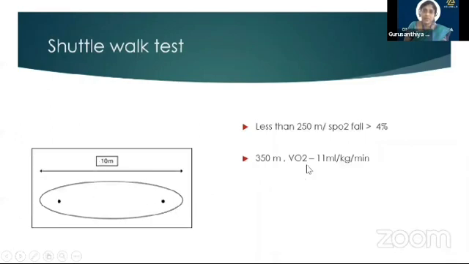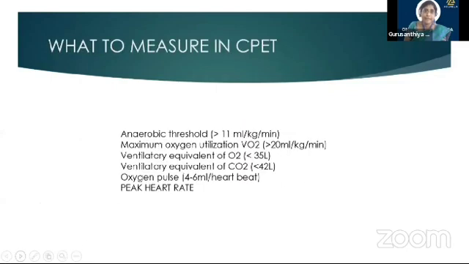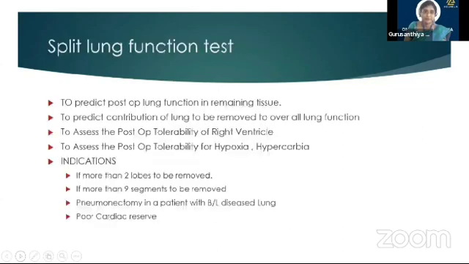If the patient walks somewhere close to 350 meters, then the patient has a VO2 max of around 11 ml per kg per minute. Cardiopulmonary exercise testing is another cardiopulmonary interaction test in which we measure the anaerobic threshold, maximum oxygen utilization, ventilatory equivalent of oxygen and carbon dioxide, and the peak heart rate.